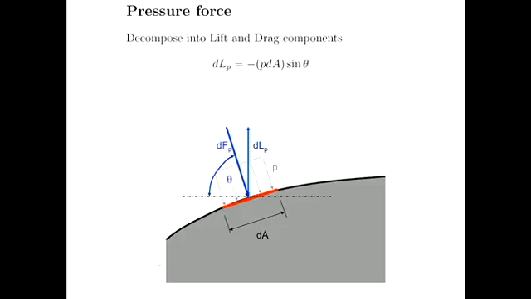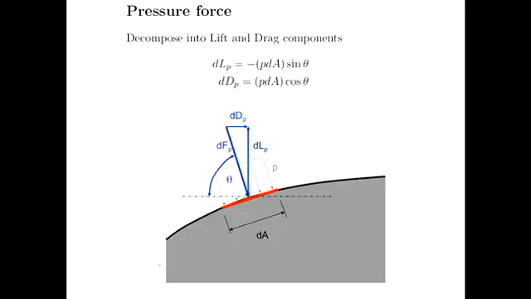Where theta is defined as the angle of that surface normal, so the angle that the pressure force makes with the horizontal. And likewise, I could write an expression for the component of drag, which equals the pressure force dFP, P dA, multiplied by cos theta. I'm not doing anything surprising here. I'm just decomposing that pressure force into a vertical and horizontal component.